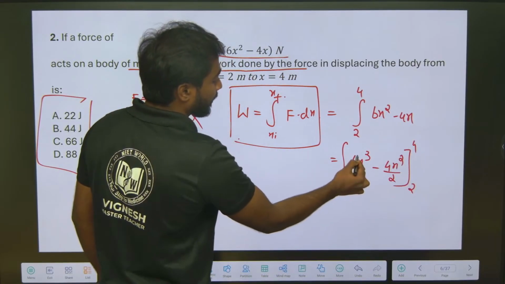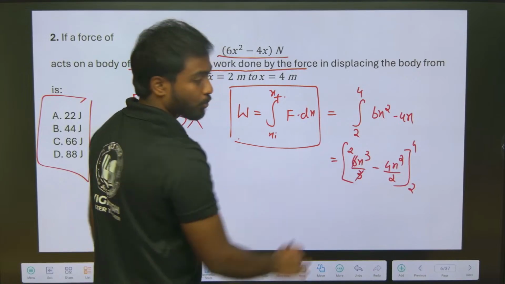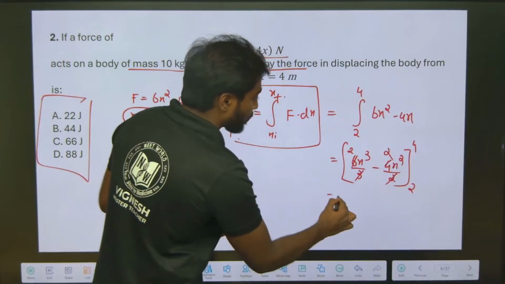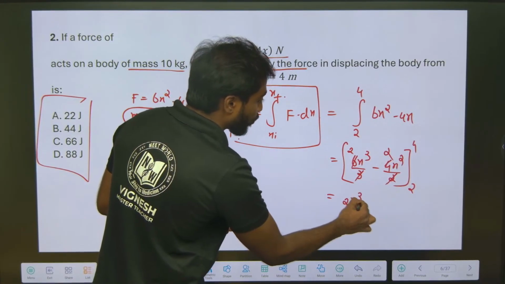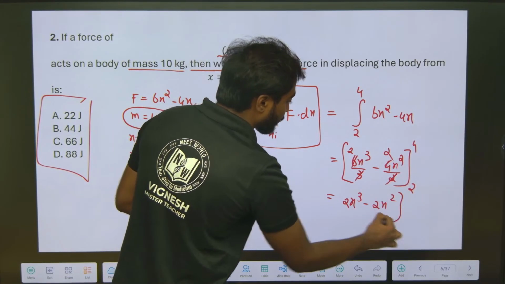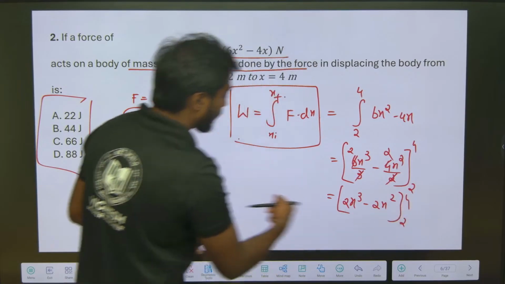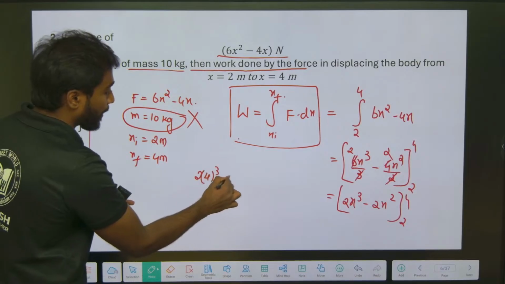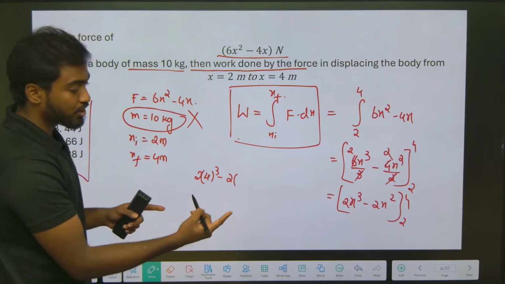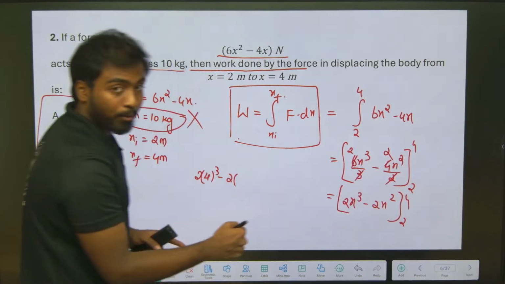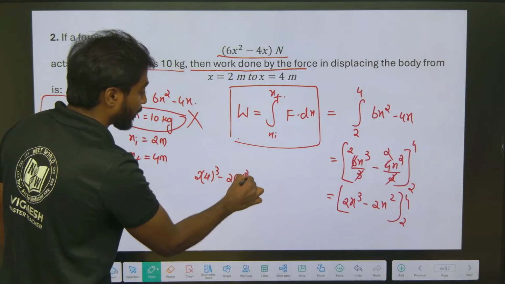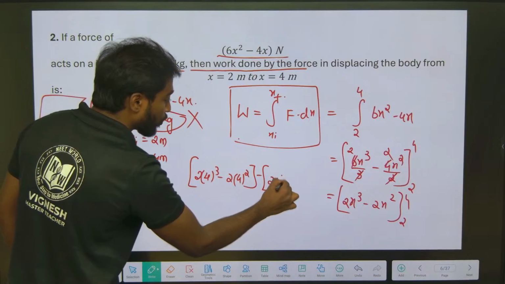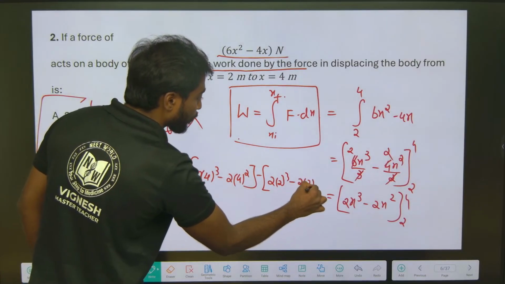So 6 by 3 is 2, and 4 by 2 is 2. So we get 2x³ − 2x² from 2 to 4. Let me write it down: 2 into 4³ minus 2 into 4², then minus of 2 into 2³ minus 2 into 2².